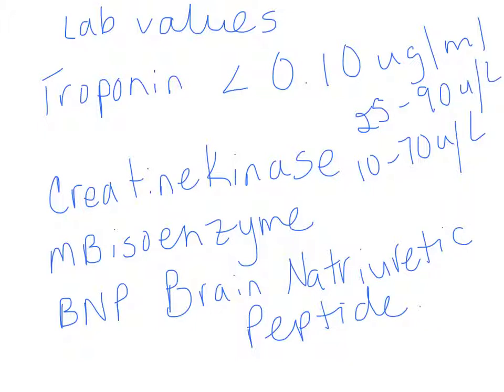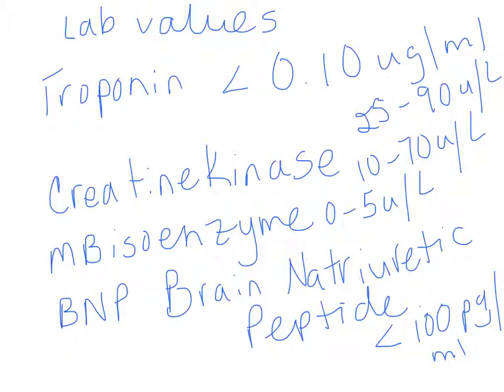And when we look at the isoenzyme, it is actually a 0.5 unit per liter. And then when we look at a BNP, we're looking for a result that is less than 100, that's pg per milliliter.